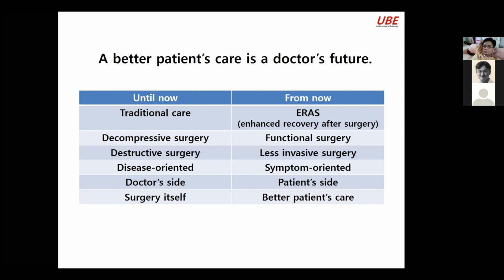Until now and from now, I will compare traditional care with the ERAS system: decompressive surgery versus functional surgery, destructive versus less invasive. Until now it was disease-oriented, doctor-side, safe surgery, but from now, we must prepare symptom-oriented, patient-side, better patient care.